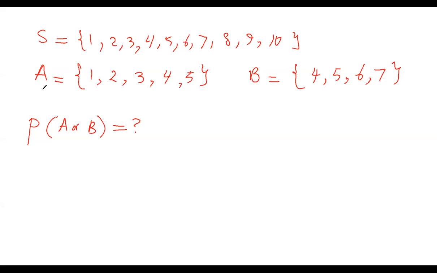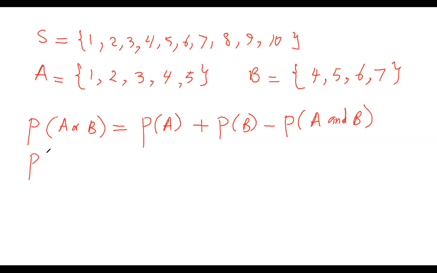I give you two sets that are subsets of your sample space, and I ask you to find the probability that A or B occur. First of all, we have a formula. This formula says P of A or B is P of A plus P of B minus the probability of their intersection.